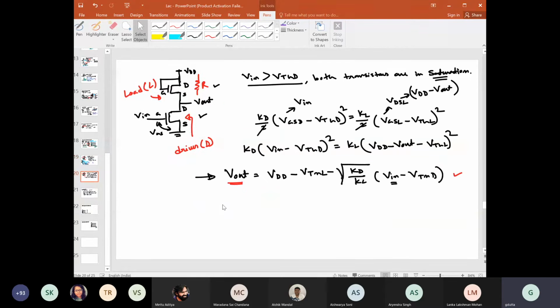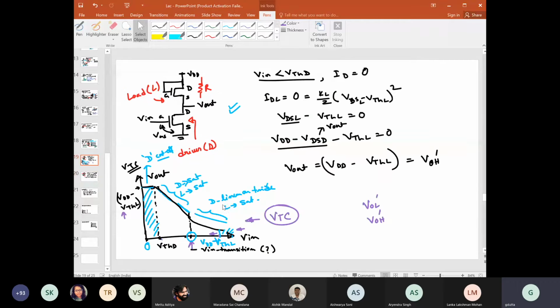So today we are going to, by the way, one more thing here: we have discussed this VTC in quite some detail. But if I ask you to find the other points, for example VIL and VIH, you should also be able to find those values.